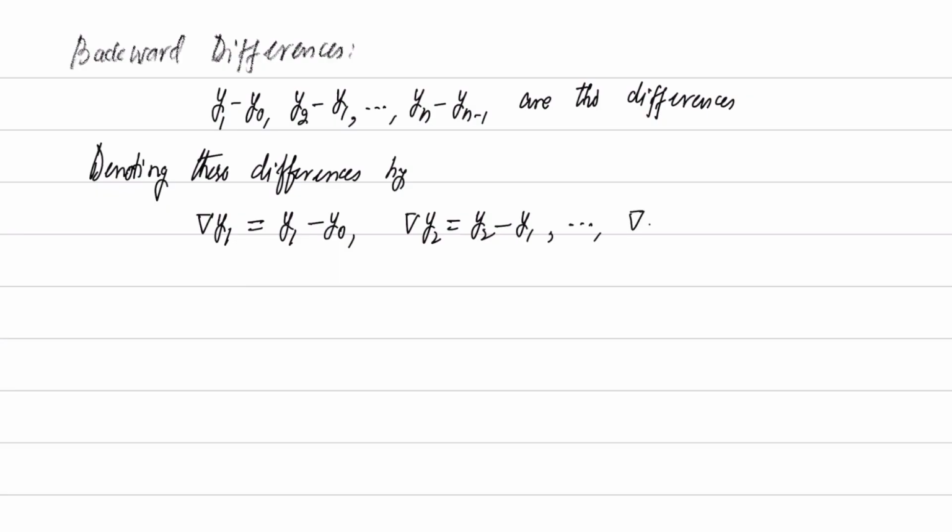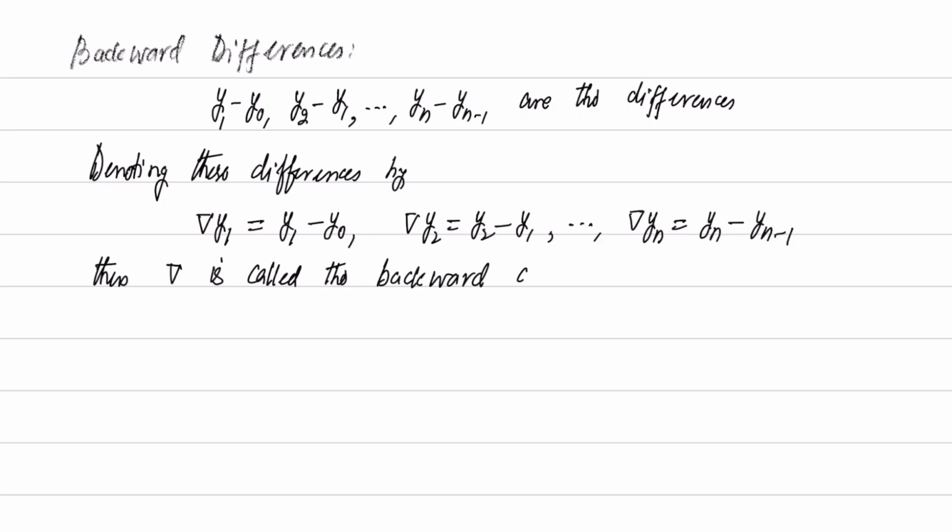And the last difference is delta yn, which is equal to yn minus yn minus 1. Then this delta is called the first backward difference operator, the backward difference operator.